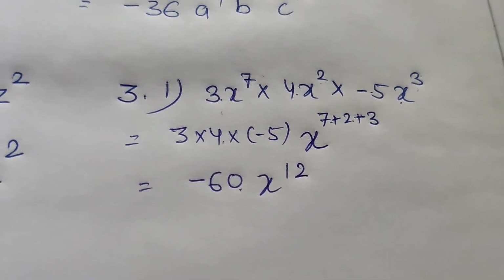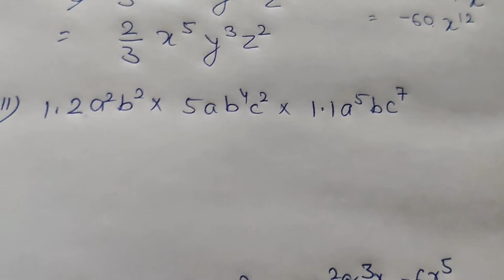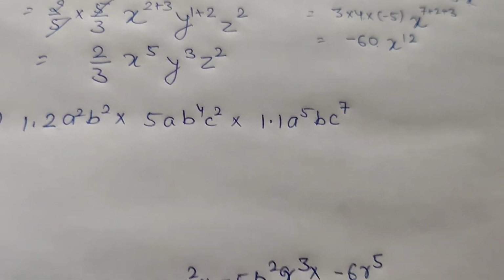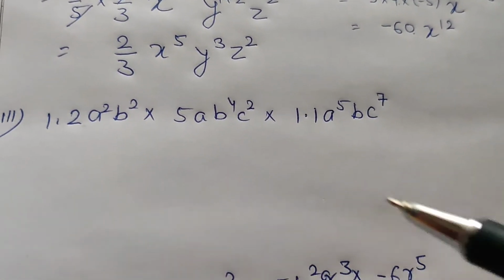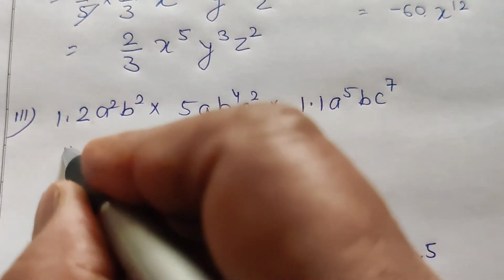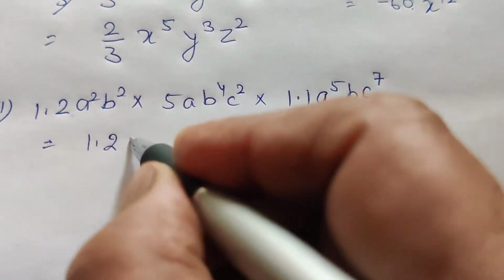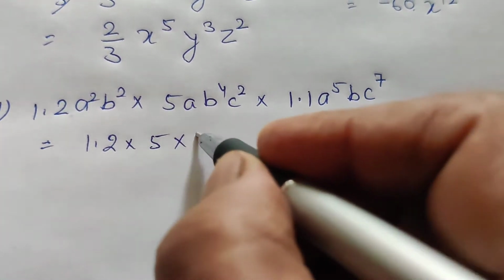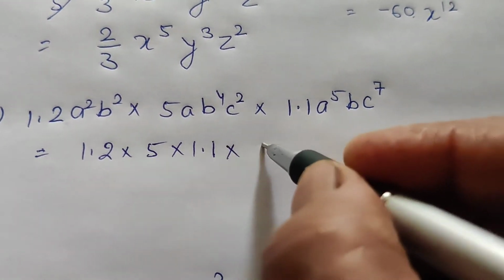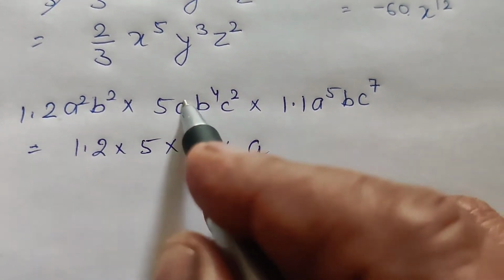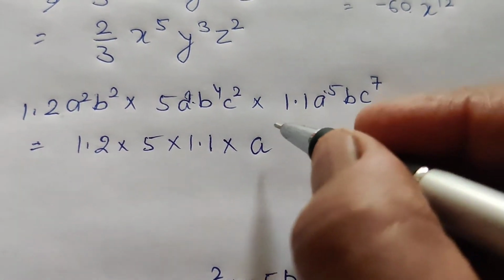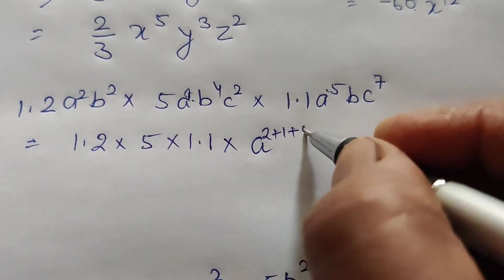Okay. Next, the second of this: 1.2 into 5 into 1.1. A, 2 plus 1 plus 5.